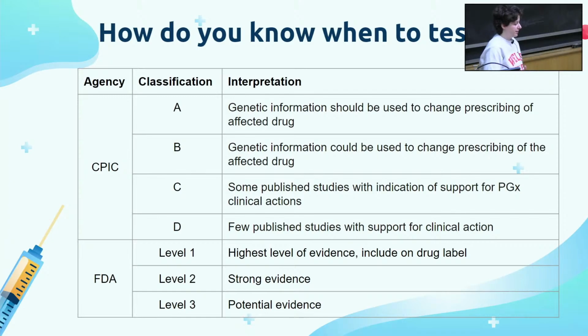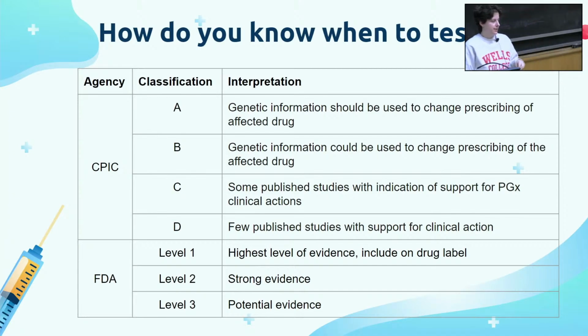And then you have CPIC level C. That just means that some published studies have shown that there's an indication for support for pharmacogenomic testing and that it might influence clinical action in some way. And then CPIC level D is there are few published studies with support for clinical action.